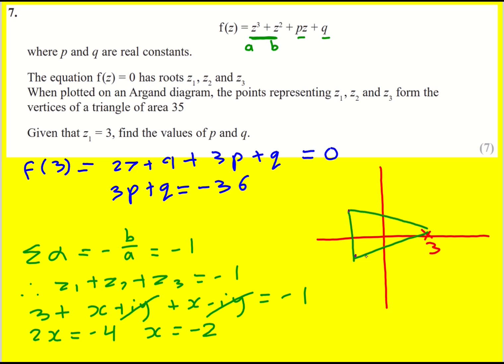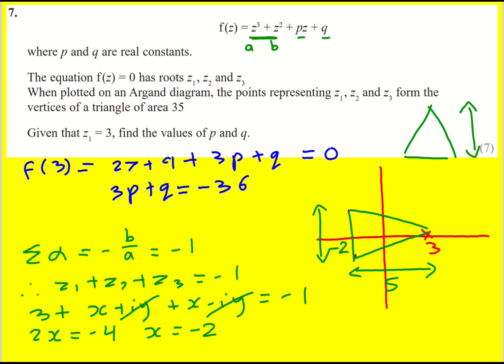Because if x is minus 2 here, then what we have is a height for my triangle of 5. I'm calling it the height because you normally draw your triangle like that, and then that's the perpendicular height.